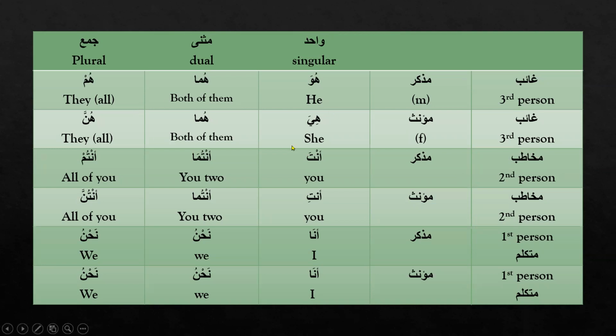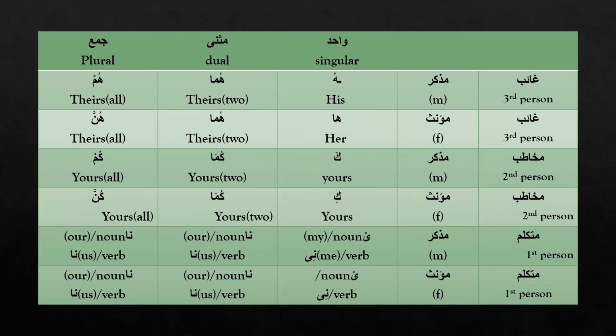Like huwa, huma, hum, hiya, huma, hunna. This is the Damayar munfasil, the detached pronouns. Anta, antuma, antum, anti, antuma, antunna, ana, nahnu. These are the 14 sigas that we learned about for Damayar Munfasil.